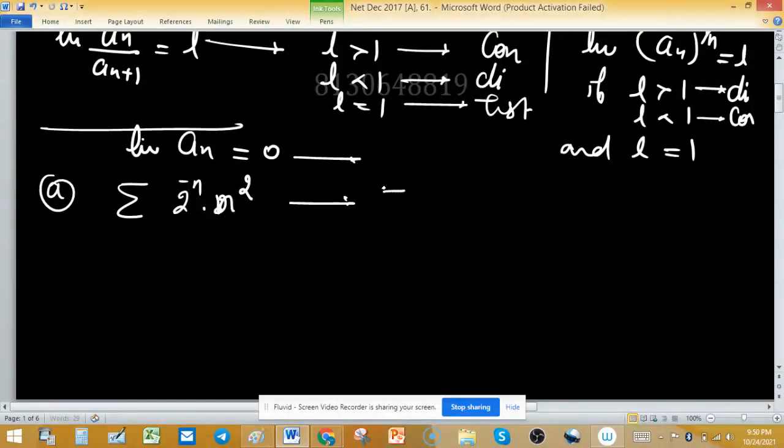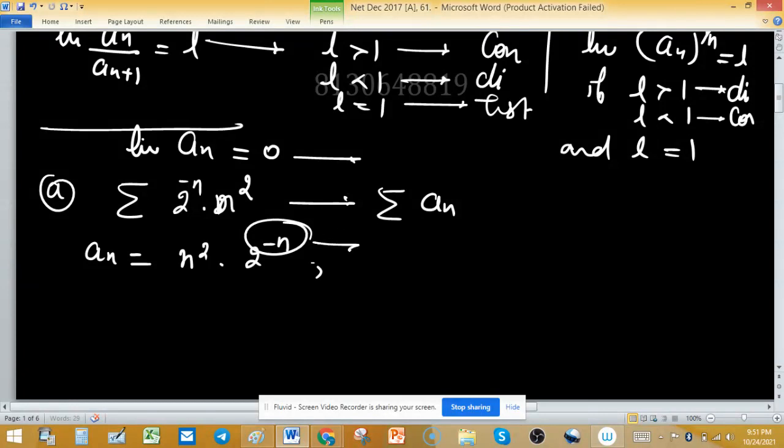So for this we can compare it with summation a_n. The value of a_n is n square into 2 raised to the power minus n. I'm going to apply the root test because n is involved in the power. Whenever n is involved in the power, always try to find convergence with the help of the root test, because this n will somehow cancel out.